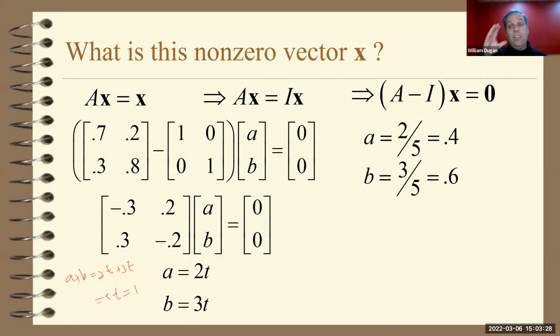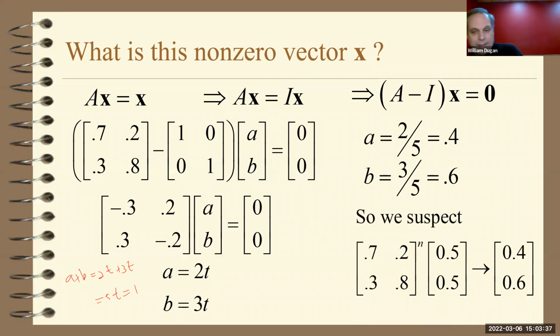If this works at all, then the entries of this vector have got to be 0.4 and 0.6. So that's what we suspect. We suspect that if we take the matrix to a large power and then multiply it on the right by the vector 0.5 and 0.5, we approach the vector 0.4 and 0.6.